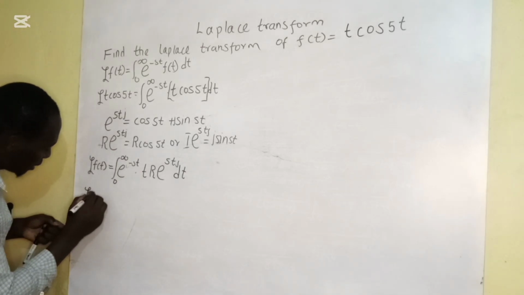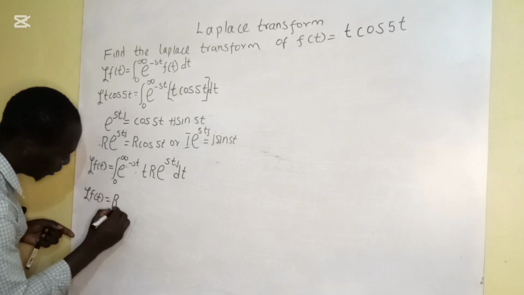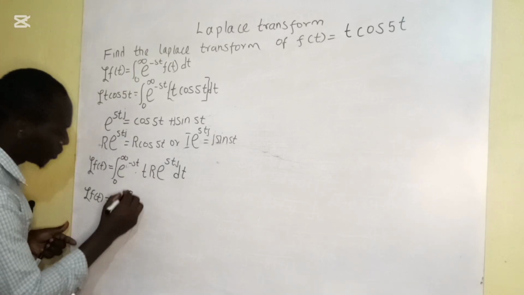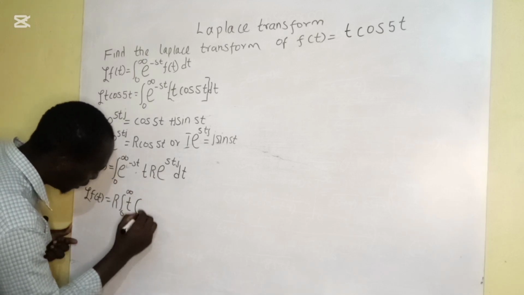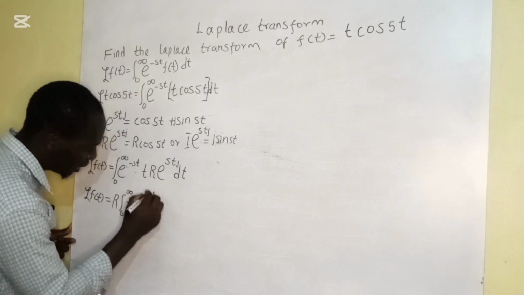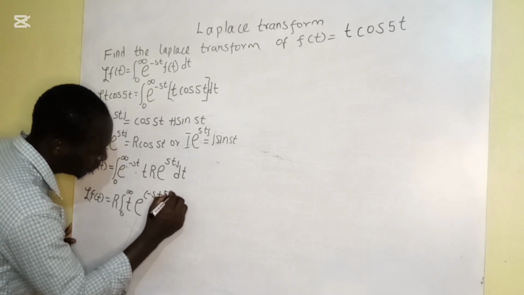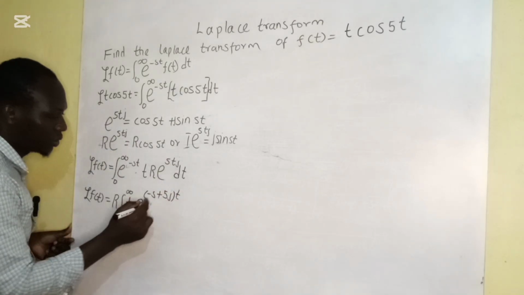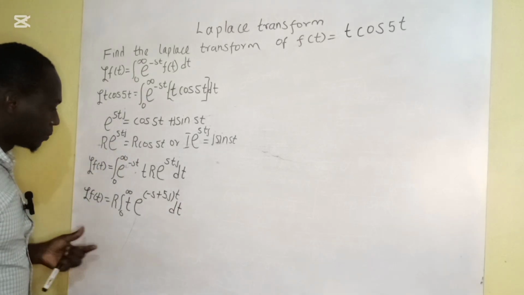The Laplace transform of our function f of t is going to be equals to r, we factor it out because it is not a term of dt. t, we just leave it there. Exponential, by using the laws of indices, negative s, we add to 5j, we factor out t because it is a common term here, and our integration is with respect to dt.